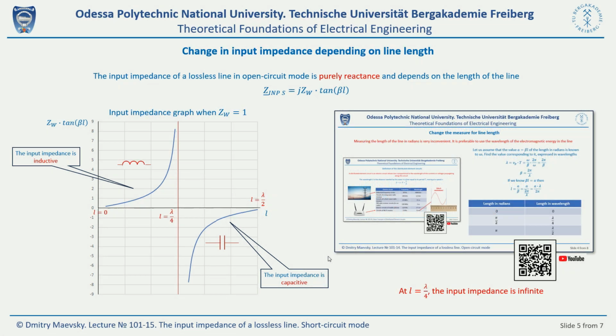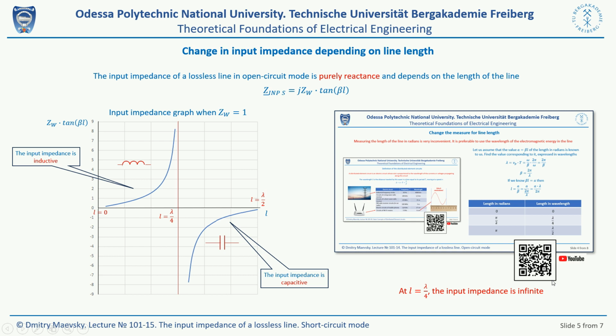In this graph, the length of the line is expressed in terms of the wavelength of electromagnetic energy. The transition from the radian measure to wavelength was thoroughly explained in the previous lecture. Please review the previous lecture again if you do not recall how it was done.